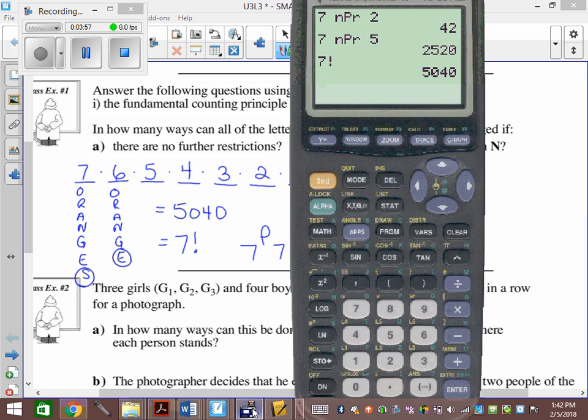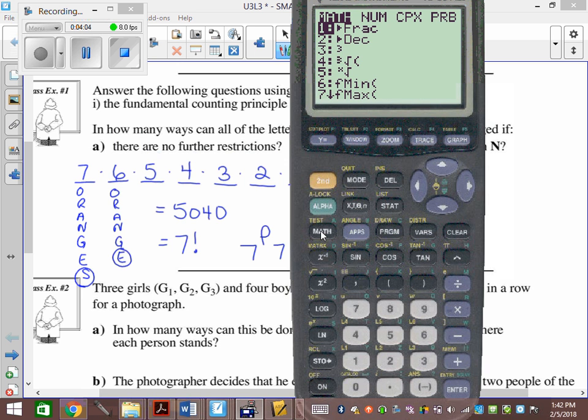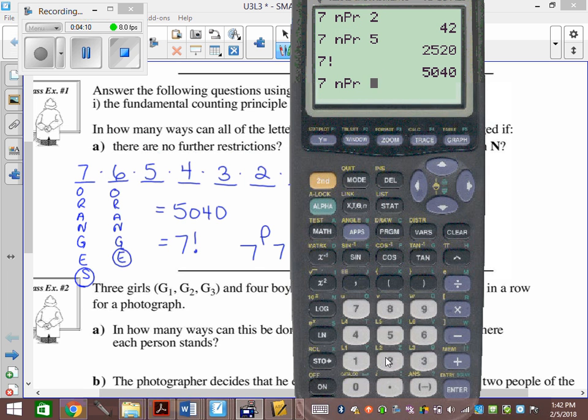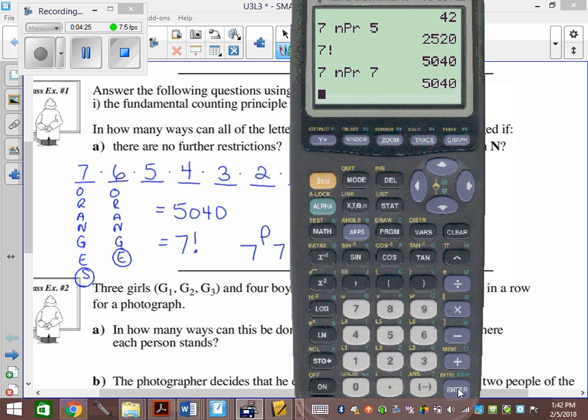Well, you go 7, math, over to probability again, P, which is 2, nPr, that's when we're picking nPr, which is 2, and then 7. 7P7. Same answer. So if they have 7P7 or something like that on the diploma, but you got an answer a different way, could you not turn 7P7 into an answer, turn yours into an answer and match them? Absolutely. But you need to know how to push that button or you really can't match.